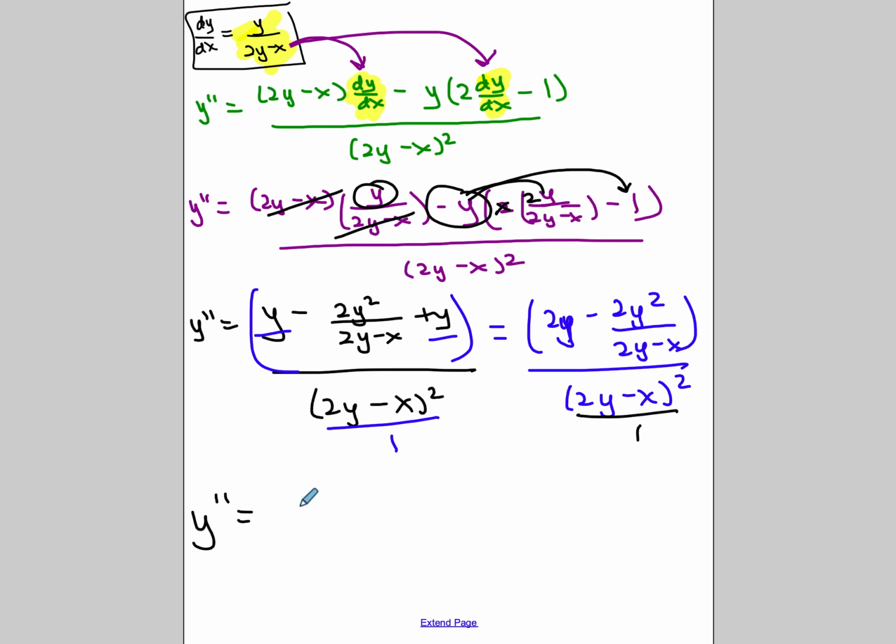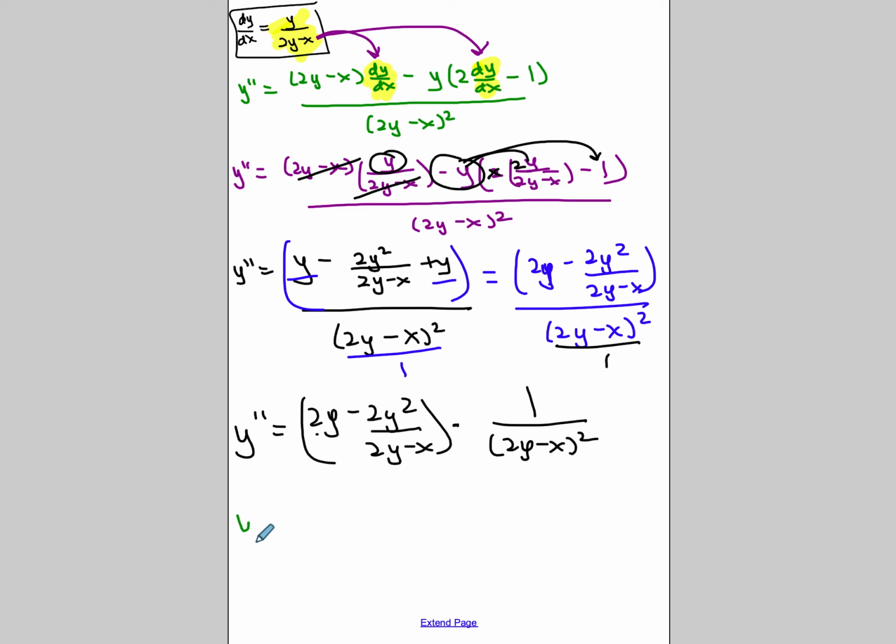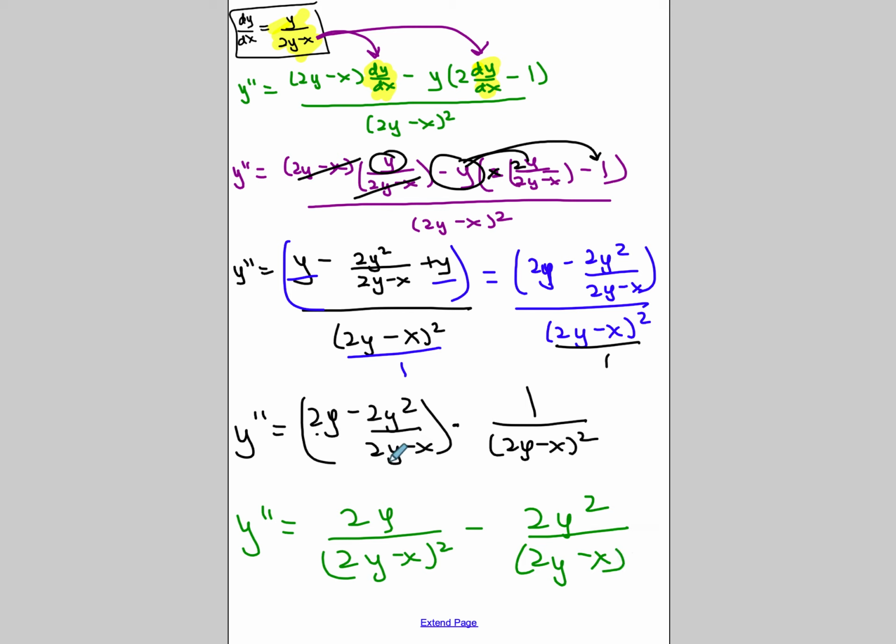So y double prime, I'd have 2y minus 2y squared all over 2y minus x, so there's the numerator, times this, 2y minus x squared. So I would distribute that to both sets here. So y double prime, my second derivative, would be 2y all over 2y minus x squared minus 2y squared all over 2y minus x, this is to the first power times 2, so to the third.